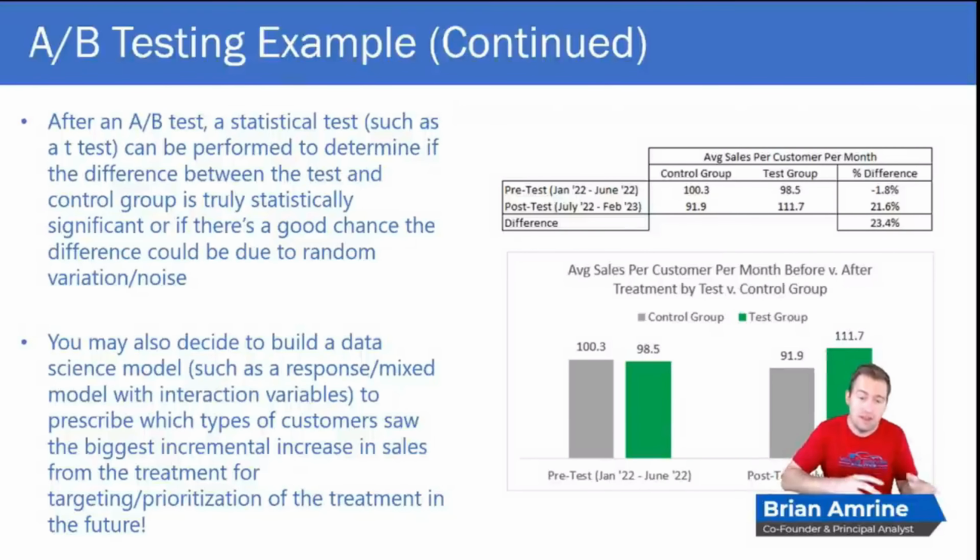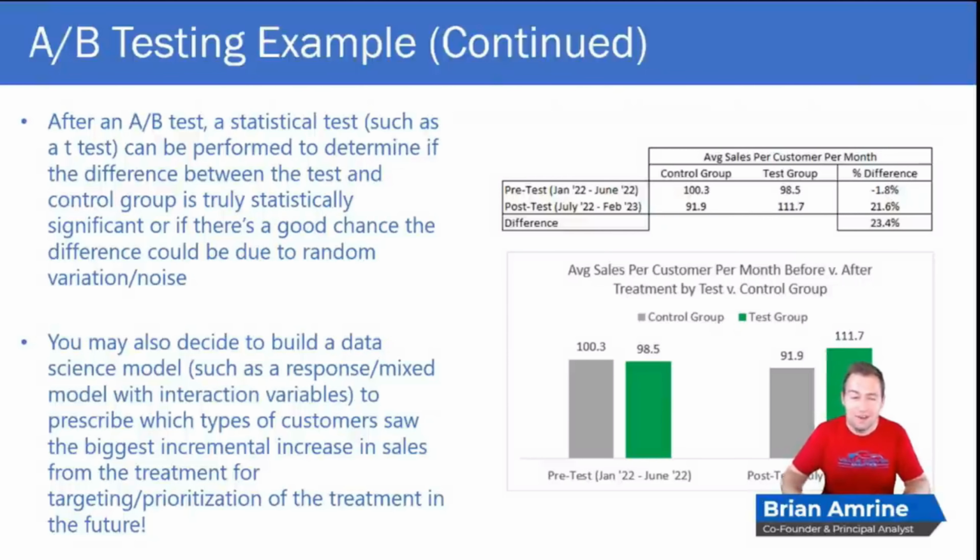So you could do a t-test, but you could also set it up as a regression model, and your target variable would be whether or not a customer was in the test group, and you'd be seeing what impact that had on sales per customer. That's another way of measuring the statistical significance. If the p-value of the coefficient for being in the test group is positive and statistically significant, then yes, we had an impact and it's statistically significant.